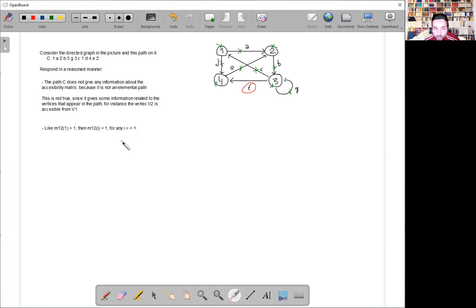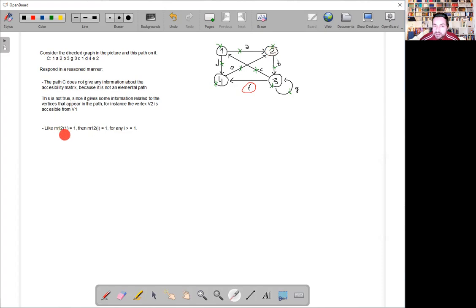The position 1, 2 is the position that links the node 1 with the node 2. And we can see how it is 1 because these nodes are linked by a path of length 1.